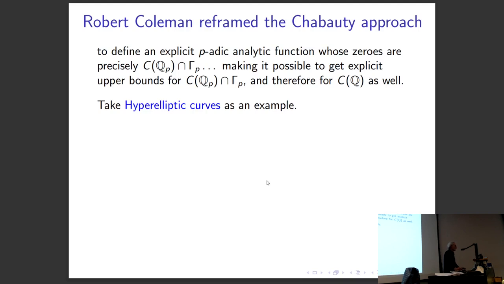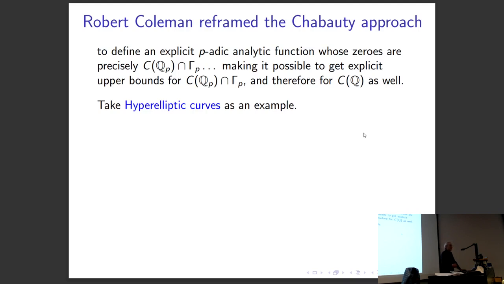Now it took Robert Coleman to reframe this approach, to replace this whole picture that I gave a second ago, reframing it as the construction of an analytic function on C whose zeros correspond to the intersection of C and gamma p.